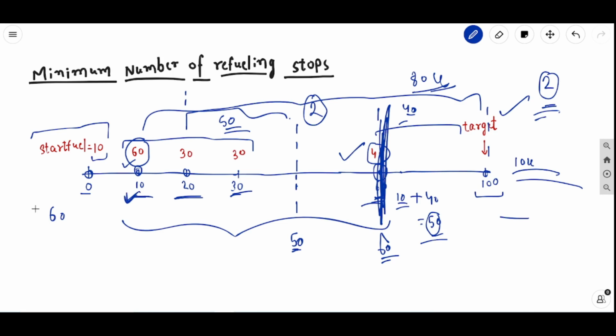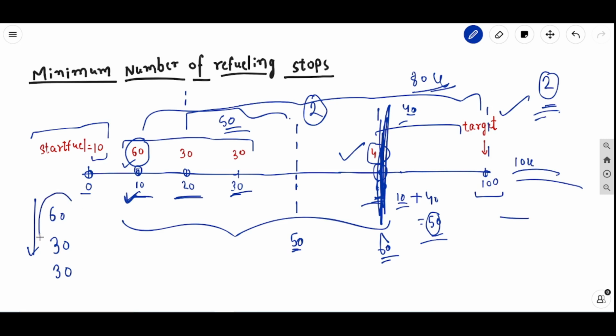Why? Because it offers the greatest amount of fuel to our tank. Then the second priority would be the gas station at position number 20, and then the gas station at position number 30, or vice versa, and they will be ordered like this. Fine. So that's how we're going to solve this problem.